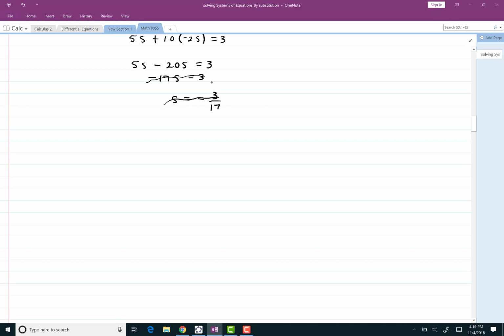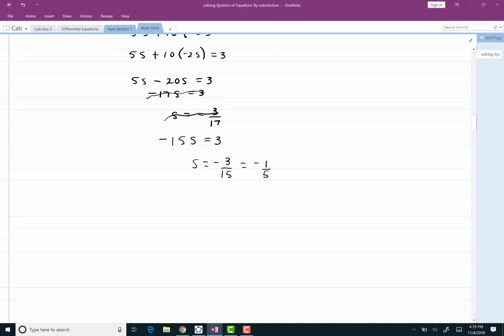It is actually negative 15s, and that is equal to 3. And then I'm going to divide by negative 15 to get s equals negative 3 over 15, which is the same as negative 1 over 5.